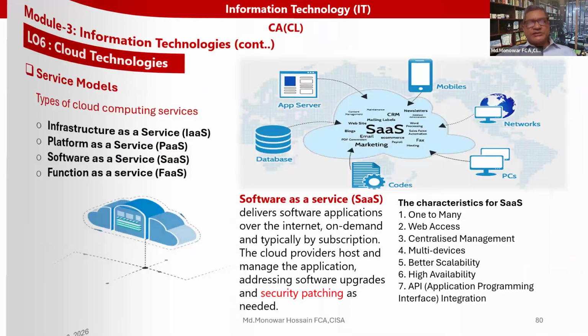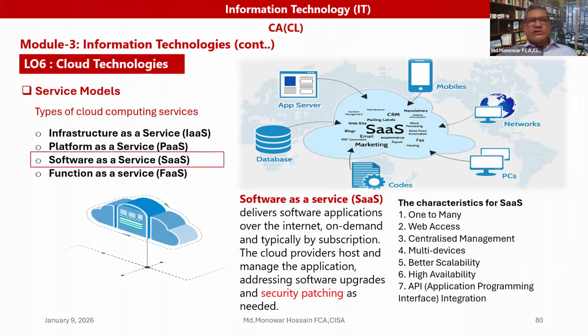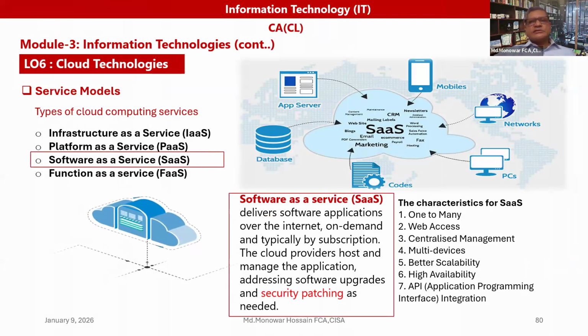Now the software as a service. SaaS, software as a service, we know, delivers software applications over the internet on demand and typically uses a subscription. Based on the subscription, for each and every item used, they have to pay, yearly. The cloud provider hosts and manages the application, and addresses software upgrades and security patches as needed.